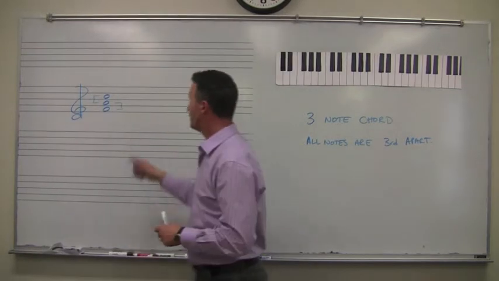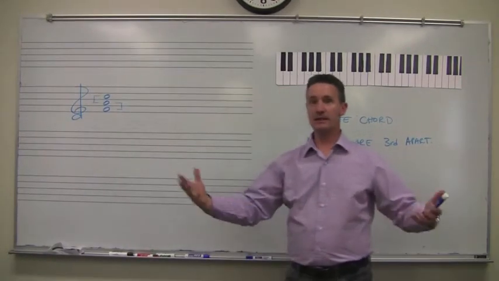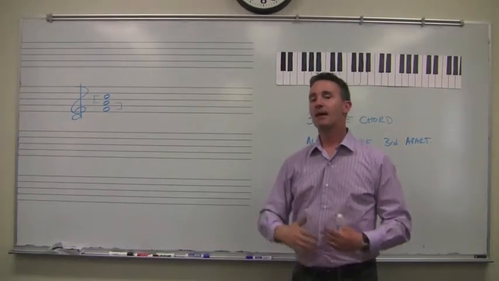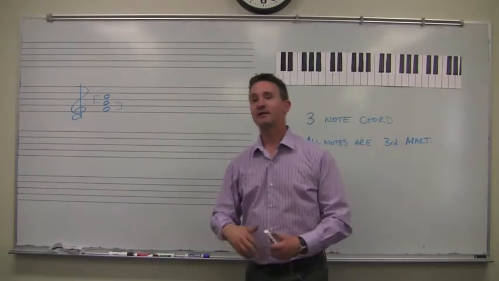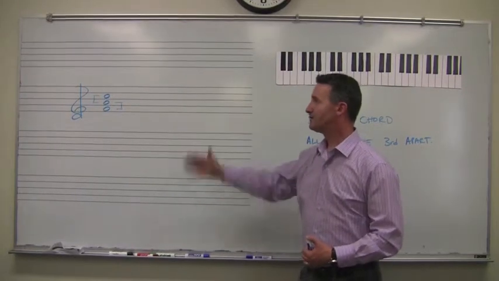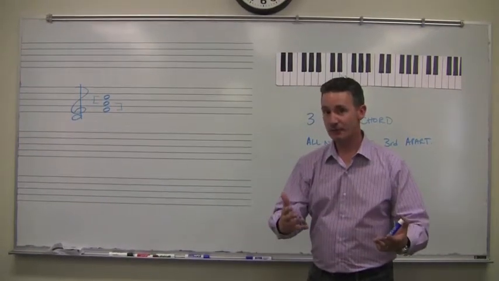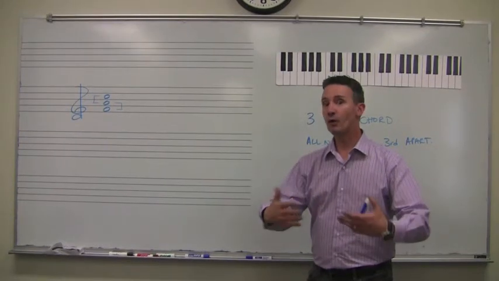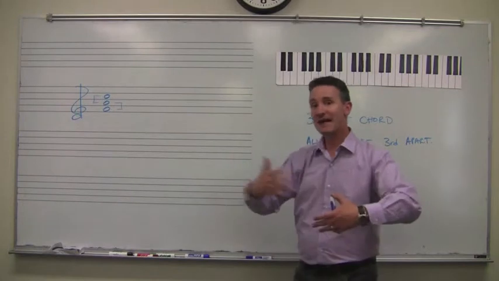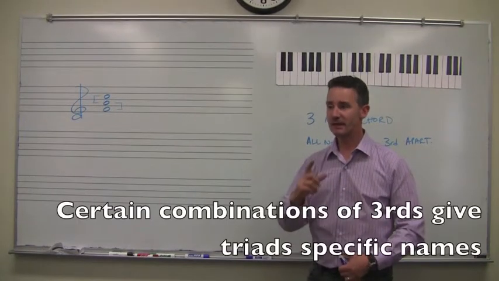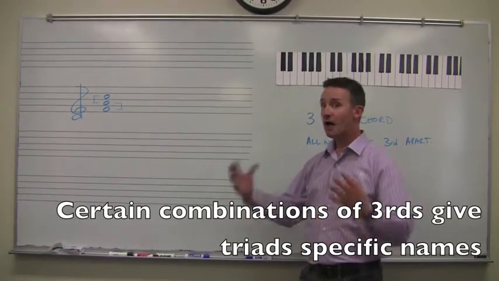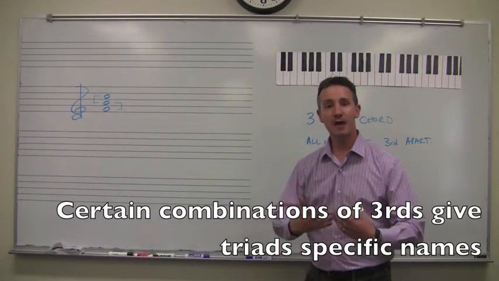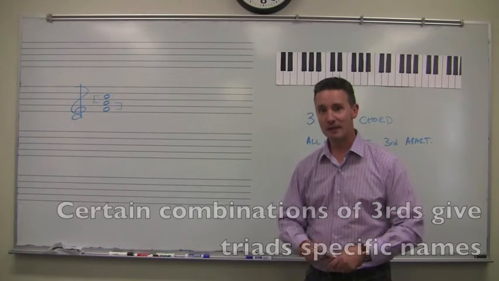F to A is indeed a type of third, and A to C is a type of third. And what we're going to discover is that the specific type of triad results from the combination of thirds that it has contained within it. I'll say that again. The name and the type of triad is a result of the combination of the type of thirds that are contained within it.